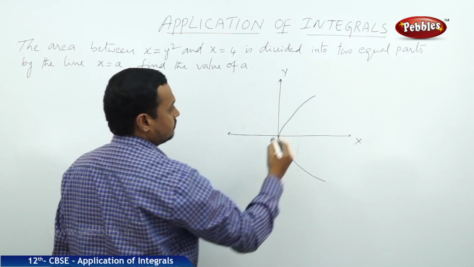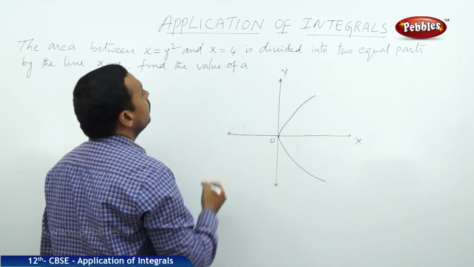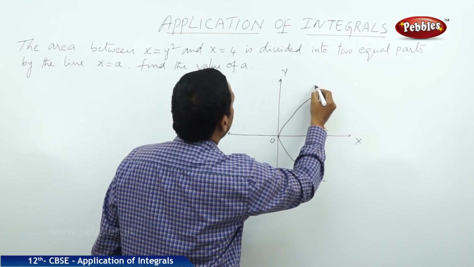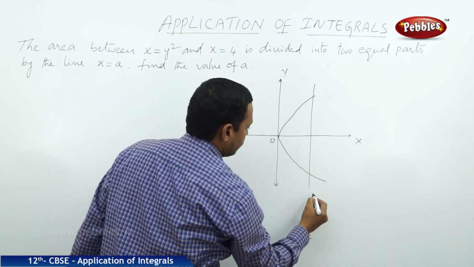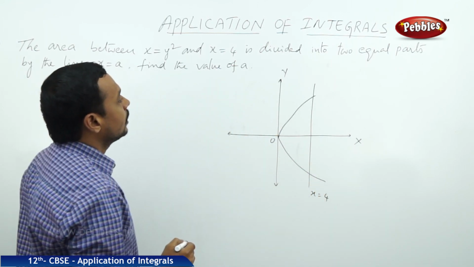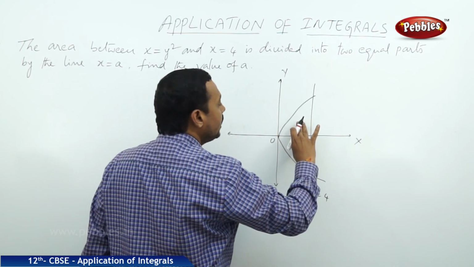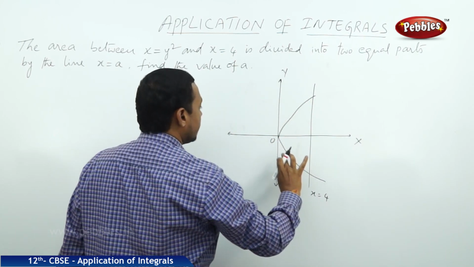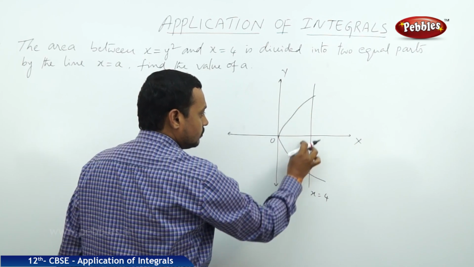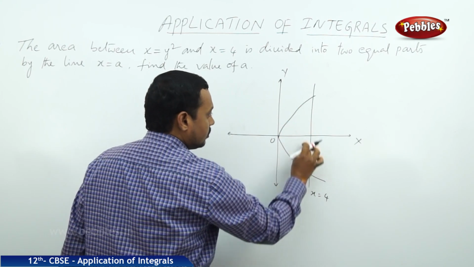Now like this. Here x is equal to 4. It is a straight line parallel to the y axis. It is x is equal to 4. Now the area bounded by the curve x is equal to y square and x is equal to 4 is this one. Now this is the region.